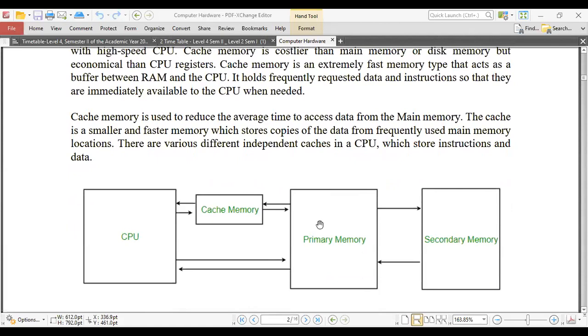All the data that we input using input devices and secondary storage devices has to be stored in the main memory, or the primary memory, before sending them for processing. That is because the CPU only communicates with the primary memory.